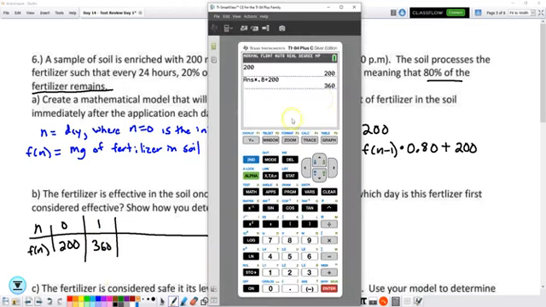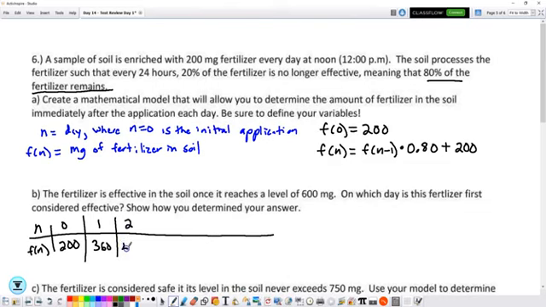So now here's the awesome part. If I just keep pressing enter on my calculator, it's going to repeat this calculation for me. So previous amount times 80% plus 200 is 488. So on day 2, after we apply the fertilizer, there will be 488 milligrams.